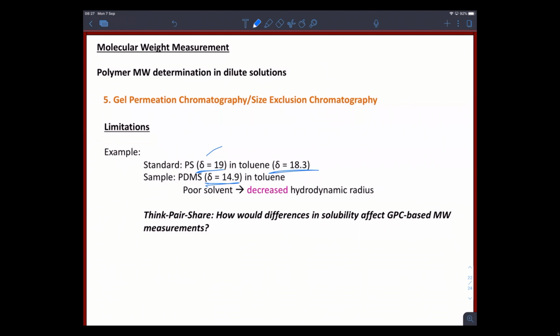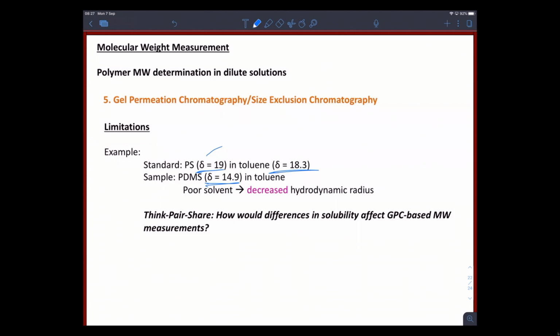Is it the solvent-polymer or the polymer-polymer interactions? Polymer, yes, polymer interactions dominate. Then what happens to the hydrodynamic radius? Is it smaller or is it larger? Smaller. So the hydrodynamic radius is smaller.